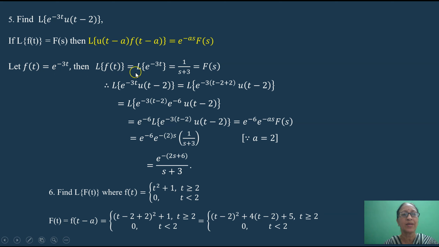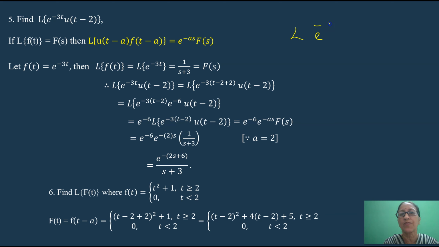L of f of t equals L of e power minus 3t, that is 1 by s plus 3, which is equal to F of s. We need this F of s while evaluating this Laplace transform. That's why first we evaluated the Laplace transform of this function f of t. Here we have used the Laplace transform of e power minus at formula.